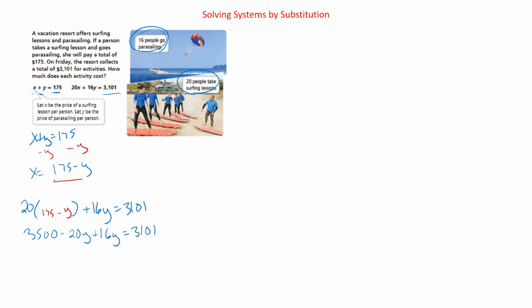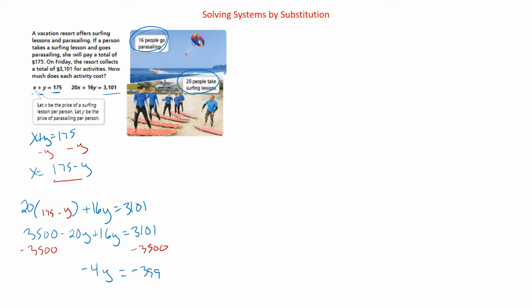We can subtract to get the variables. Combine our like terms. Negative 20 plus 16 is negative 4y equals 3,101 minus 3,500 is negative 399.